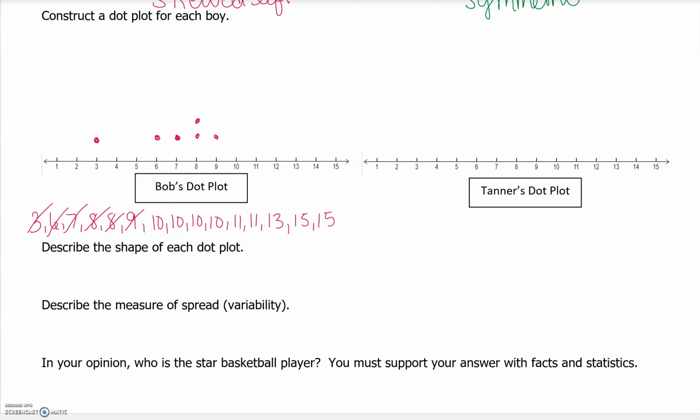There are 4 values of 10, so I'm going to put 4 dots stacked on top of each other. 11 has 2. 13 has 1, and 15 has 2.